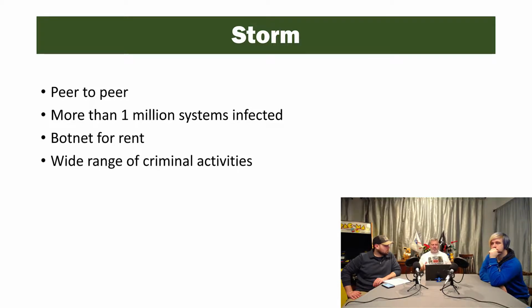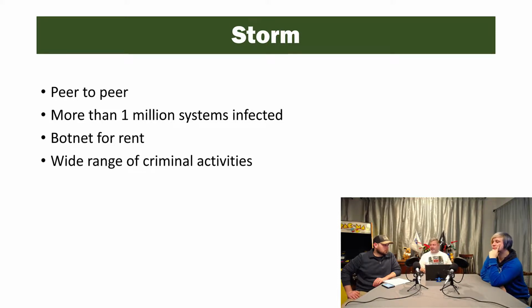Storm had about 1 million infected systems, and it was a botnet for rent. So really, they weren't doing anything for themselves. They would say to a bad guy, you want to send out malicious software to 10,000 people, you can rent my big botnet for 2 days and do your thing.